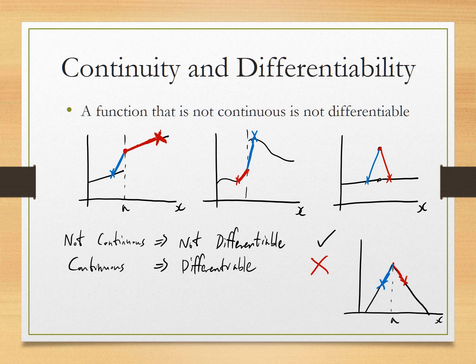So in economics, we typically assume functions are continuous and differentiable. That's the typical assumption you would read if you read mathematical models in economics. Assume that the production function is continuous and differentiable. That's a very common assumption.